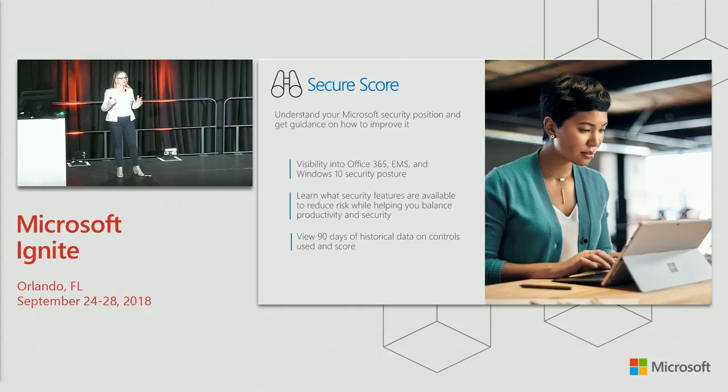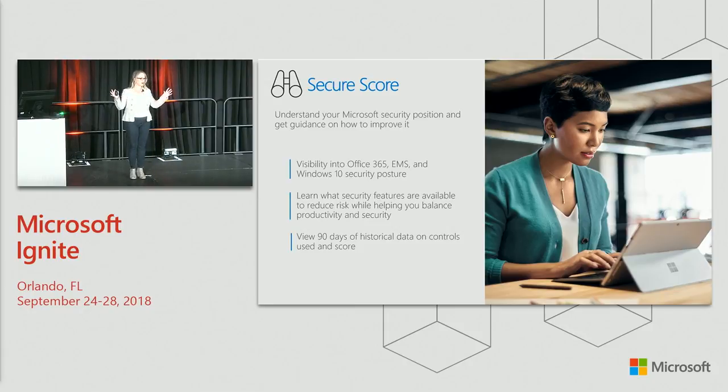So that information is now available through the Graph Security API, and it provides visibility not only into your Office 365 Secure Score, but Windows 10 and EMS services as well. And Azure Security Center is also adopting Secure Score, and so that data is also available through the Graph Security API. And again, that is information across all of those services. You see kind of a common theme here.